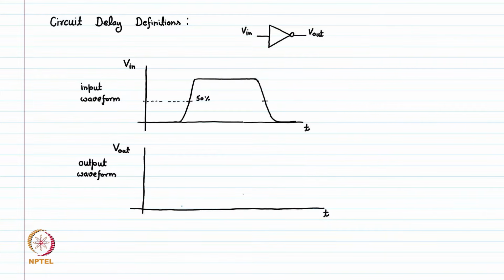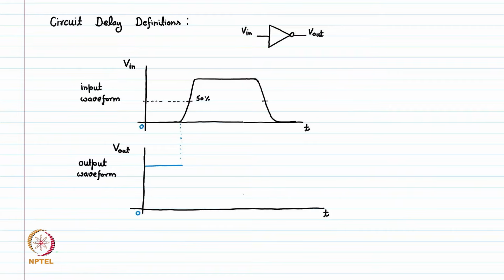The output of an inverter is the inverted state of the input. For example, when the input is low, the output is high, as we can see from the VTC, the voltage transfer characteristic. So at time t equal to 0, the origin, the input is low, which means the output will start from a high value, let's say here, and at this point we are applying an input pulse.